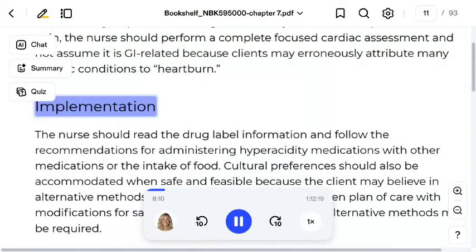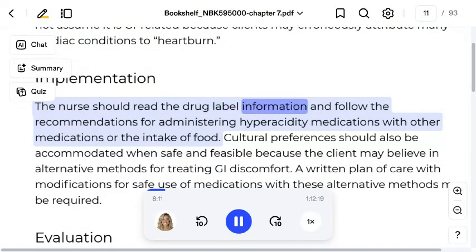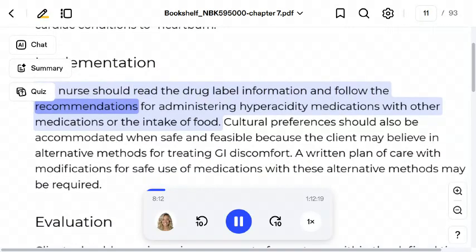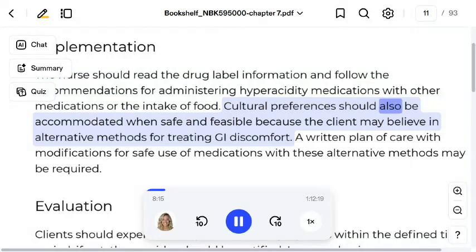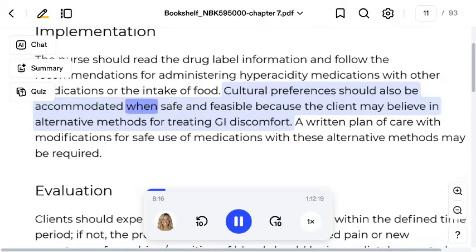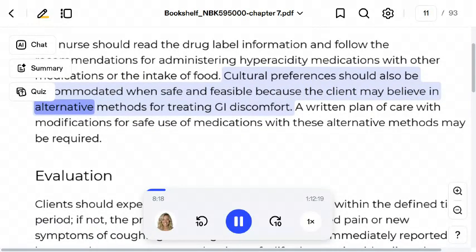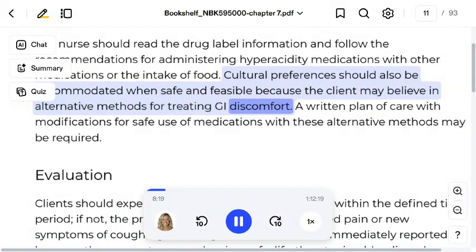Implementation. The nurse should read the drug label information and follow the recommendations for administering hyperacidity medications with other medications or the intake of food. Cultural preferences should also be accommodated when safe and feasible, because the client may believe in alternative methods for treating GI discomfort.